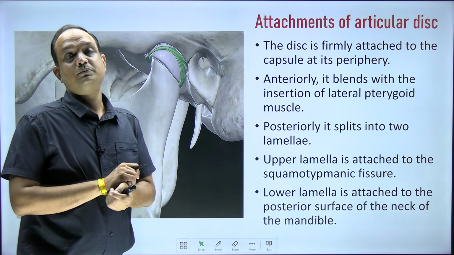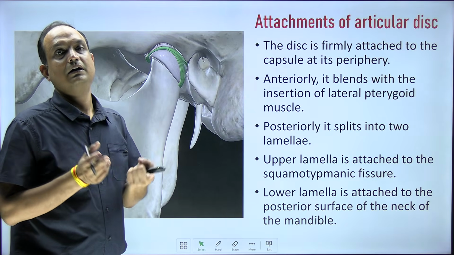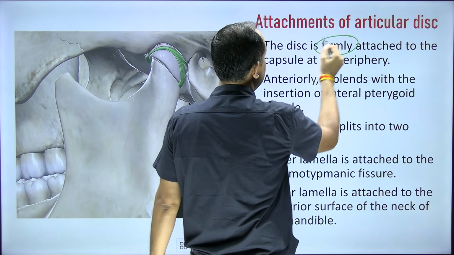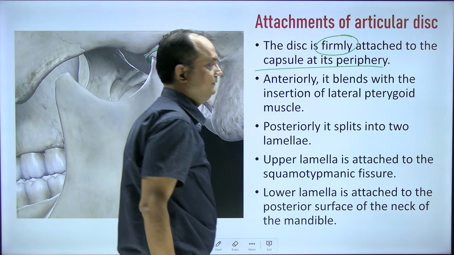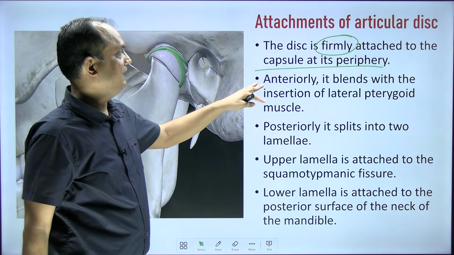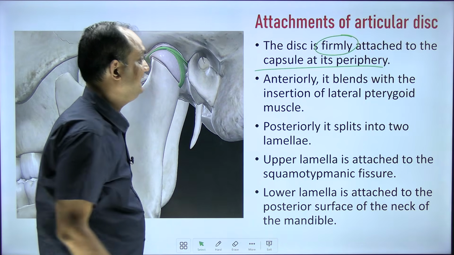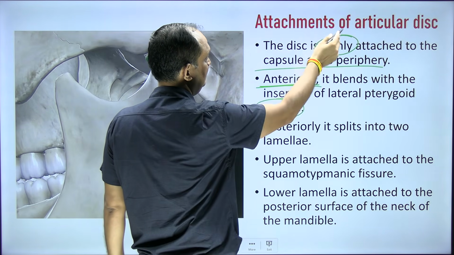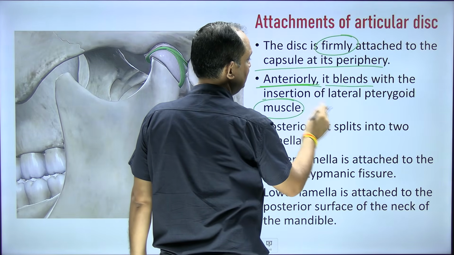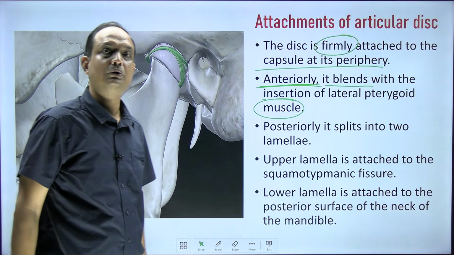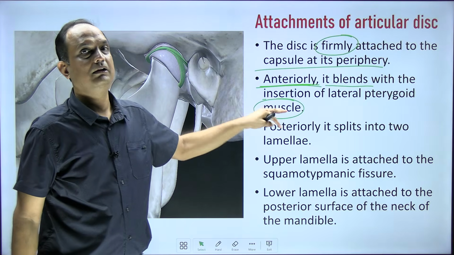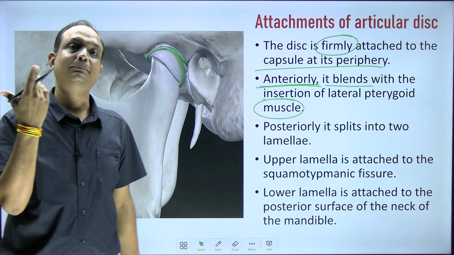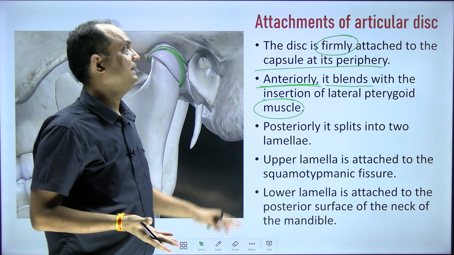So what is the attachment of the disc around its periphery? When you see, it is firmly attached to the capsule at its periphery. Now the anterior part of the capsule blends with the lateral pterygoid muscle. Why does the anterior part of this disc blend with the lateral pterygoid? Because I just told you that this lateral pterygoid muscle has a primitive intra-articular tendon, and that primitive tendon is represented by the disc.